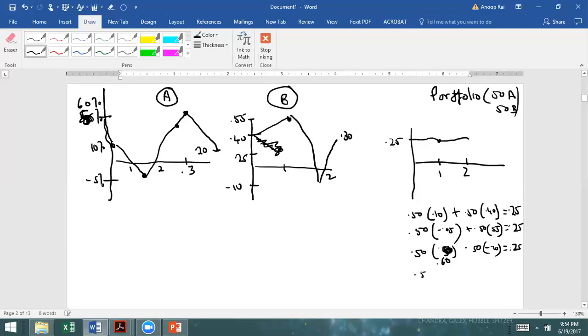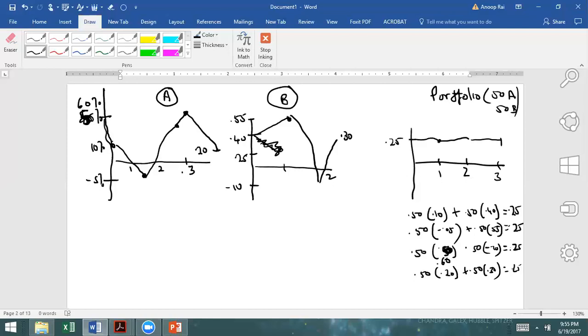What's the average? This is giving me 20, and this is giving me 30. That's 10 plus 15. Guess what? My portfolio remains at 25%. Actually, this is period 1, but we've done it 3 times.